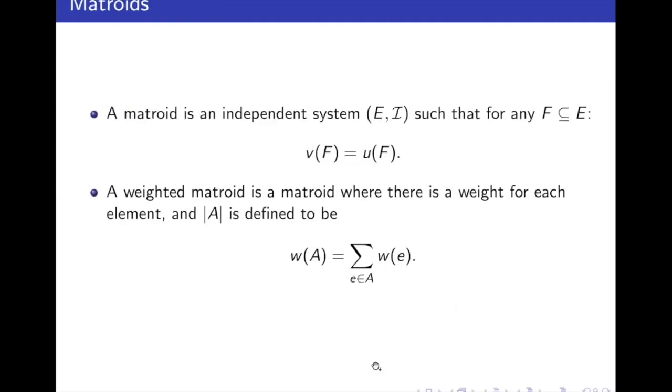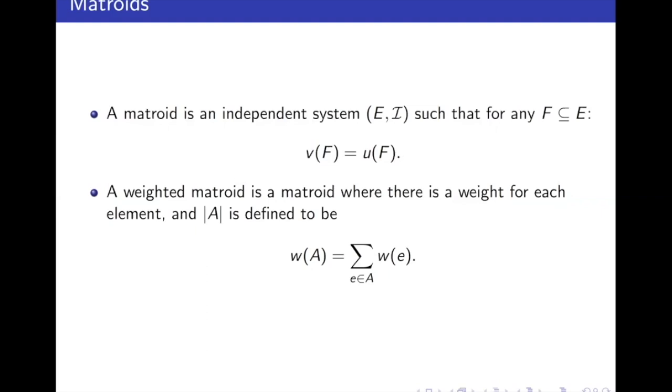From here, we know that if for any F, which is a subset of E, we have V of F equal to U of F, then I_G is I star.